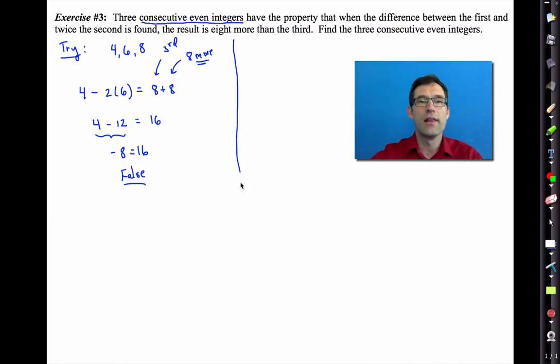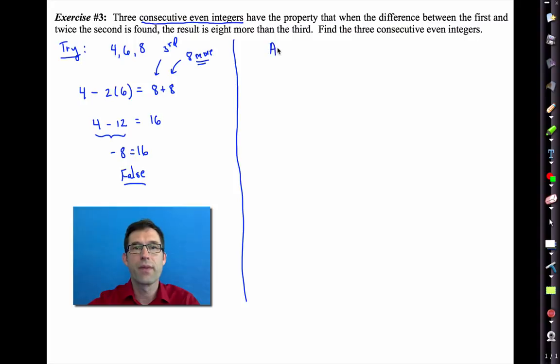But now let's do some algebra. All right, I love testing these things out first or trying them out. That gives me a basis for my algebra. Again, kind of going over to the red, right? Here, here, and here. Let's let n be equal to the first integer. Now what do we have?